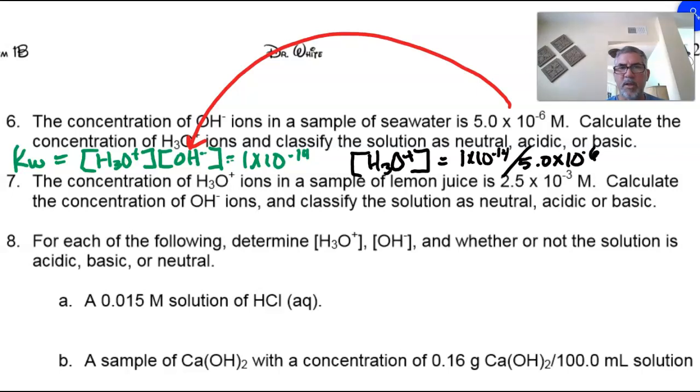If we rearrange that formula, we would get that. So that's how you solve that. And you would do the same way on the next one. And then you would figure out the pH to find out if it's acidic, neutral, or basic.